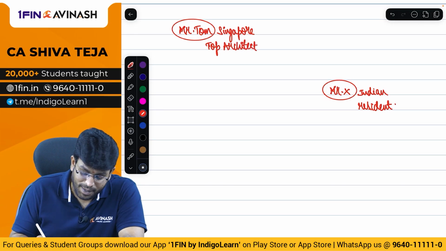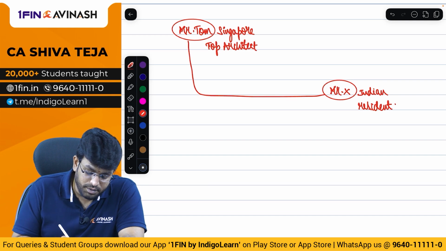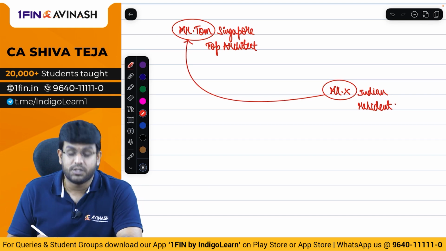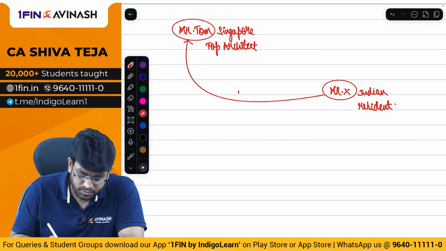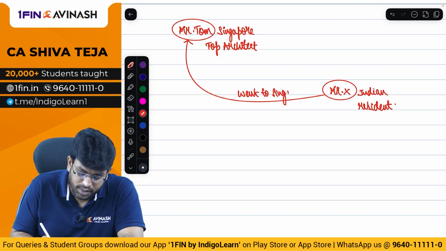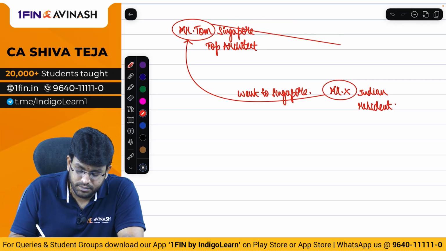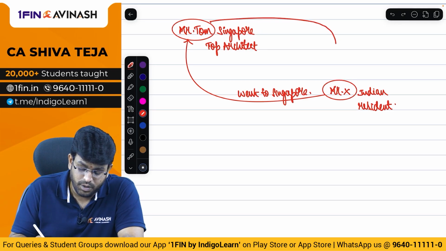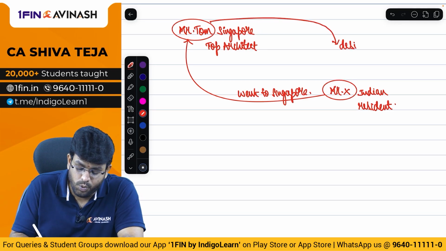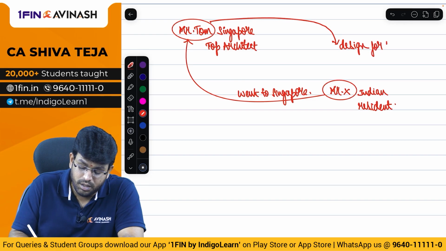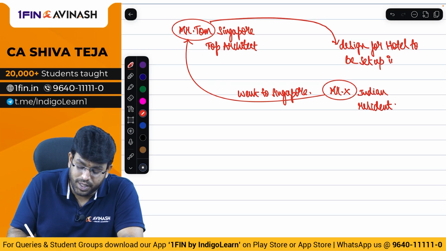Okay. Now what has happened is, Mr. X has approached Tom of Singapore. Mr. X personally went to Singapore to meet Tom, to get a design for a hotel to be set up in India.